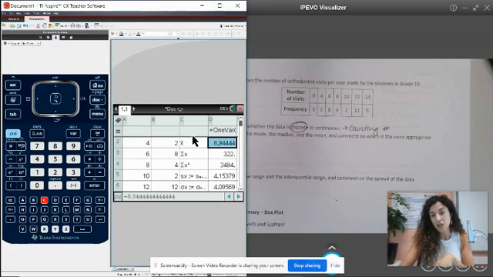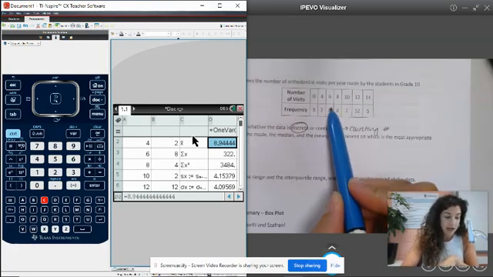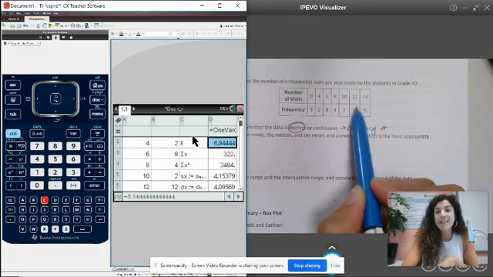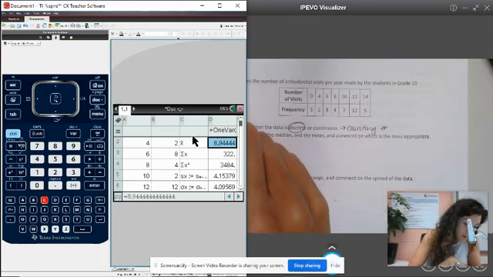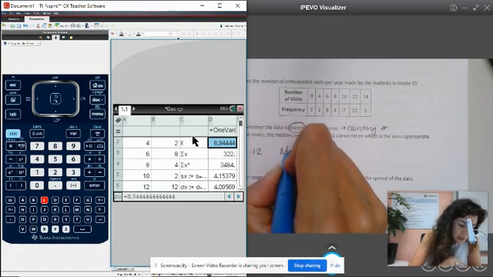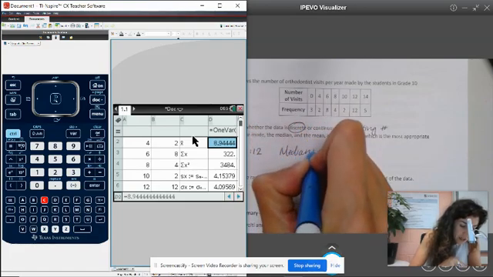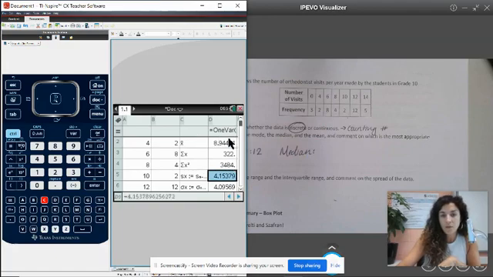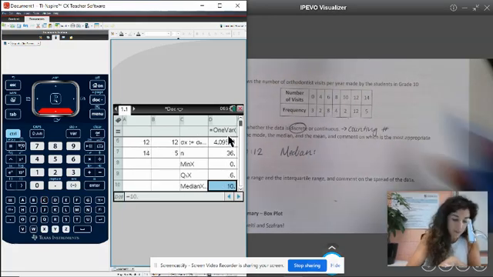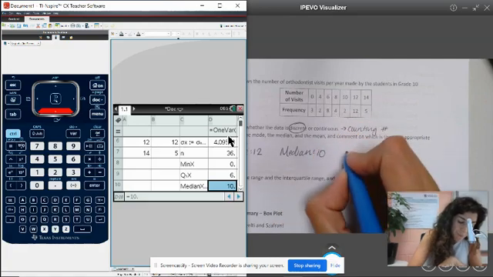The mode, we just know. You can see the highest frequency we have is 12, and that occurs with 12 visits. So the mode is 12. The median, your calculator finds for you. You just have to go down to quartile 2 or median, and that is 10.